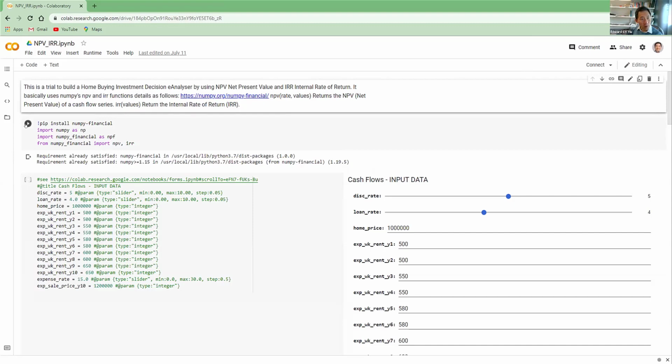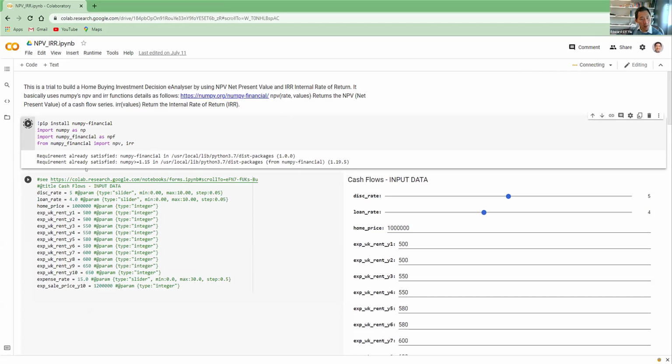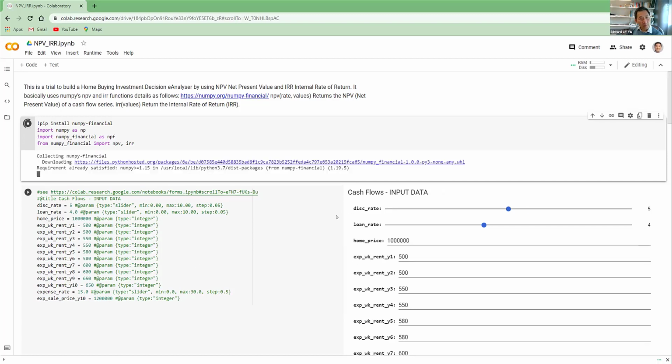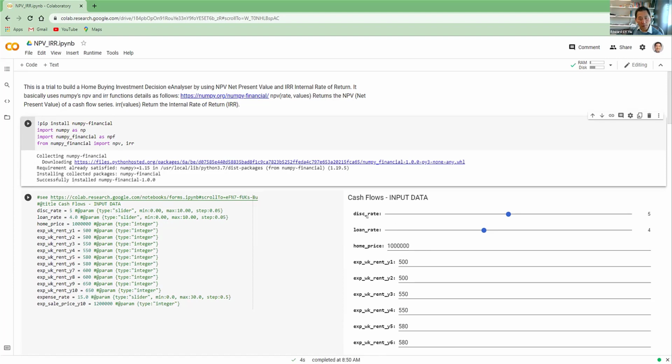I do not repeat how to build these sliders and the data input routine because last time we have already demonstrated it. Here I simply make use of the sliders for the discount rate and the loan rate. Then we enter the home price, 1 million, and then the expected weekly rent in the first year, second year, up to 10 years.